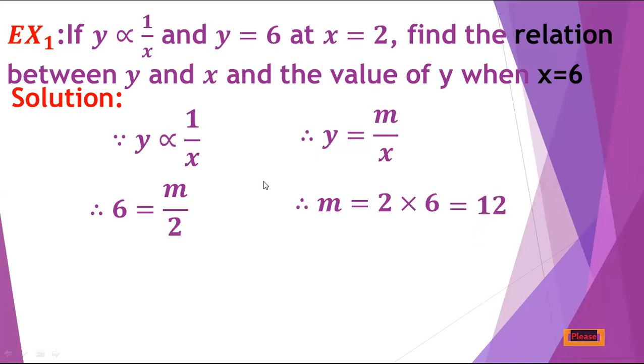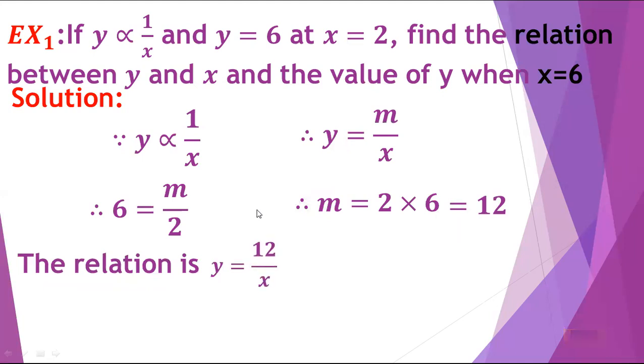This is the relation between y and x: y equals 12 divided by x. He asked me to find the value of y when x equals 6, then put x equals 6. Direct substitution, then y equals 12 divided by 6 equals 2.